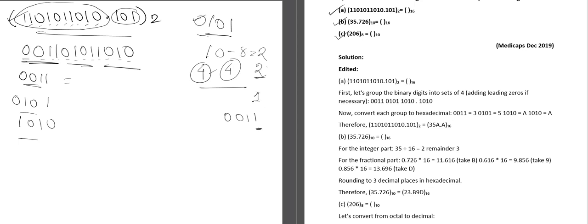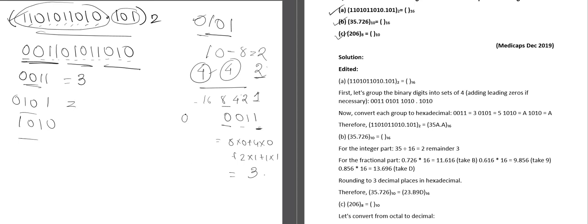Then as we progress toward the left hand side, the positional weights go 2, 4, 8, 16, and likewise in multiples of 2. If we multiply the positional weight with the bit and add them together, we get 8 into 0 plus 4 into 0 plus 2 into 1 plus 1 into 1, which is 2 plus 1 equals 3. So this gives us an equivalent of 3.